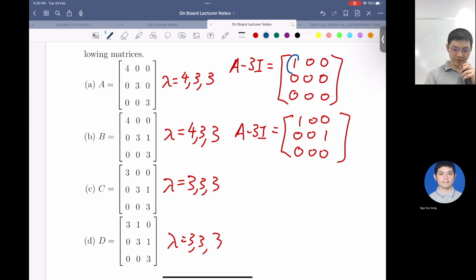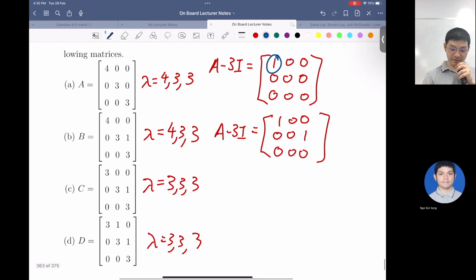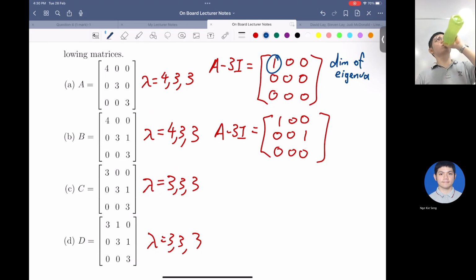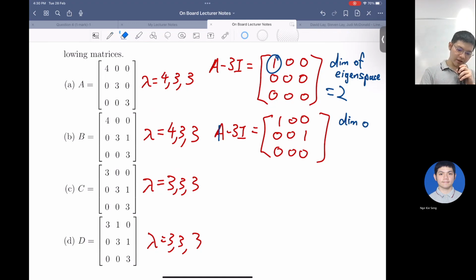So for the first one, what's the dimension of the null space? What's the dimension of the eigenspace here? 2, because you have 2 free variables. What about the dimension of the null space of B minus 3I?